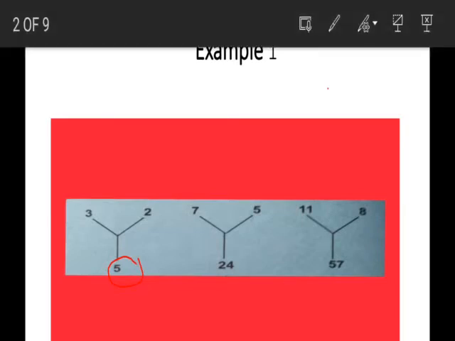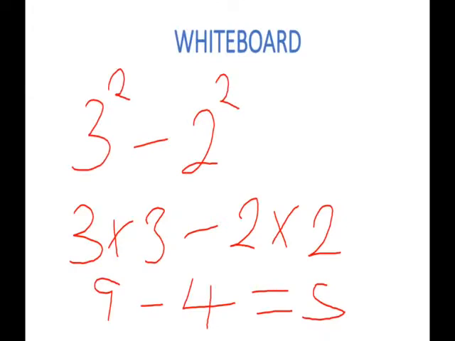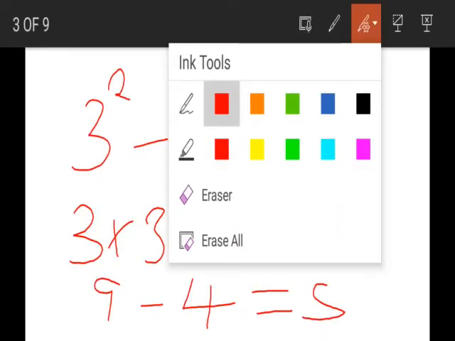Assuming 2 was not given, how do we get our 2? This is the simple solution.